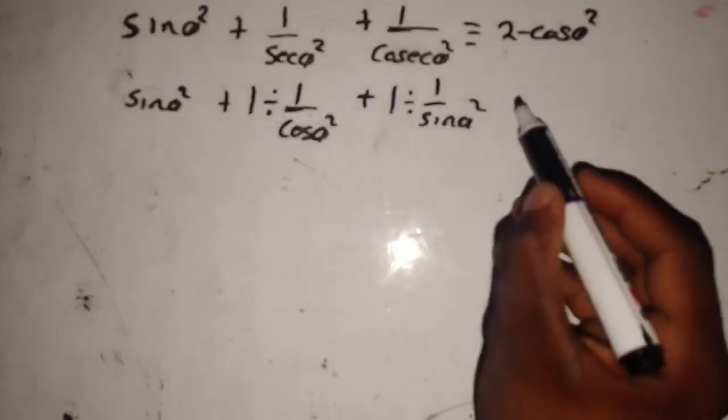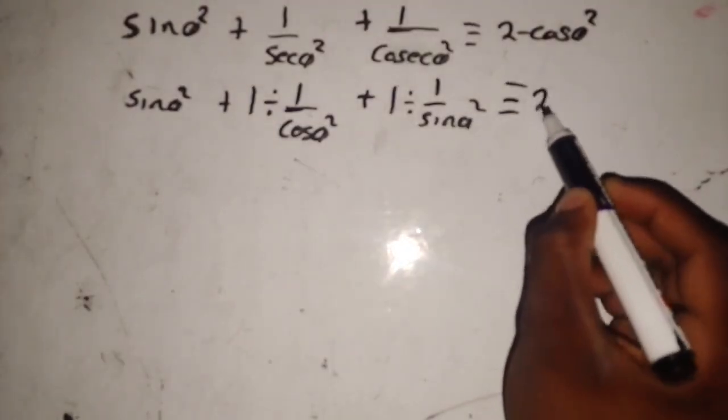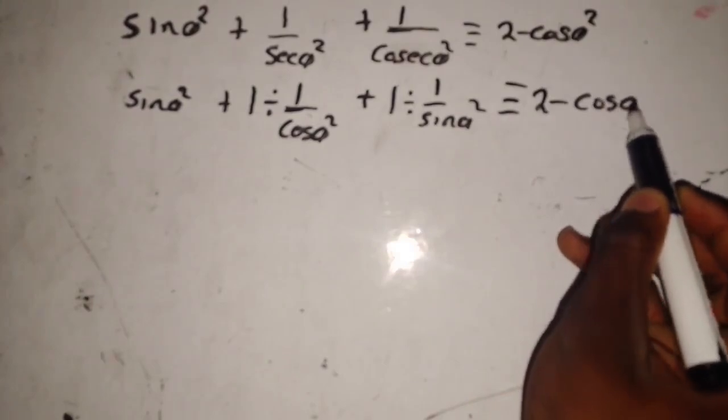This should be equal to 2 minus cos theta squared.